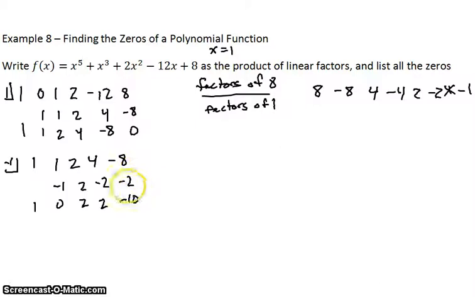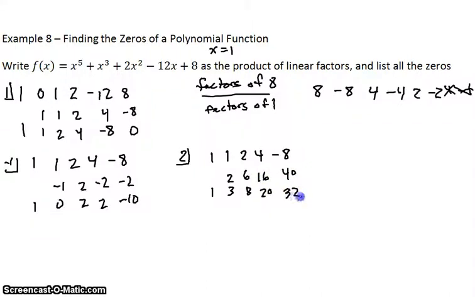That one wasn't a 0. So that one's no good for us. Now I'm going to try another one. So I'm going to try 2. That one wasn't a 0 either, so I'm going to try negative 2 now.